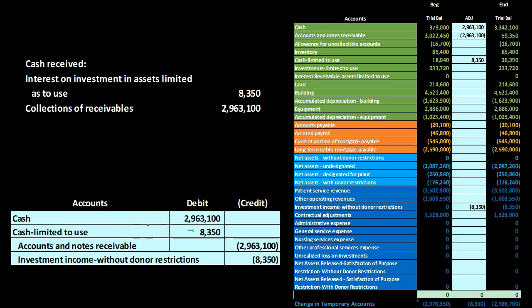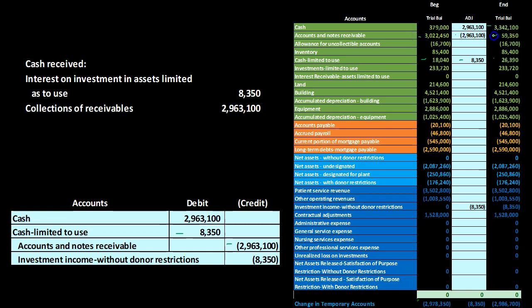If we post this out, then it's going to look like this. We're going to see that we have the cash. The cash is going to be increasing in the debit direction. So we increase the cash. We then see the cash limited to use. So cash limited to use increasing in the debit direction. Then the accounts receivable. So accounts receivable has a debit balance. We're making it go down.